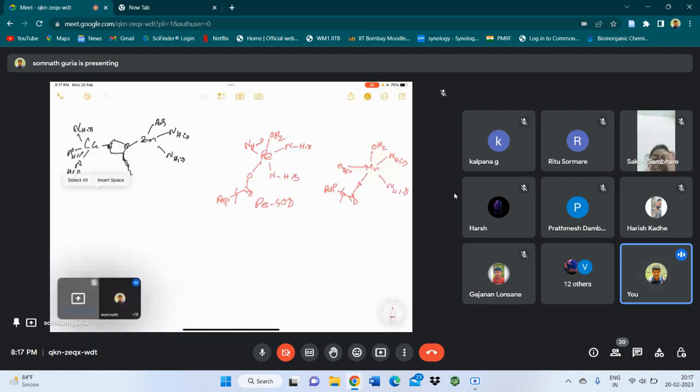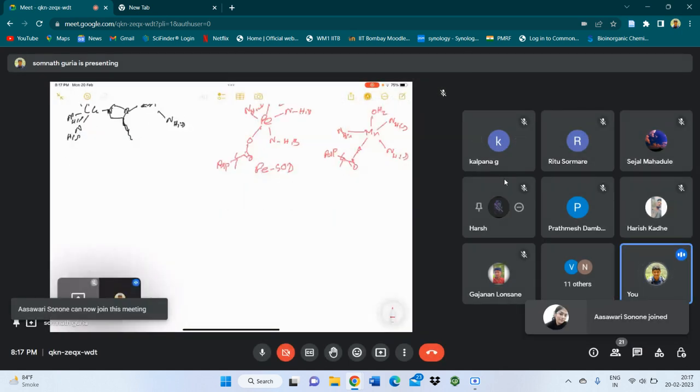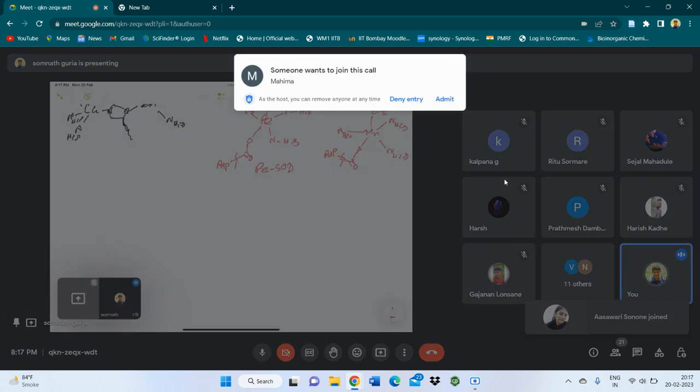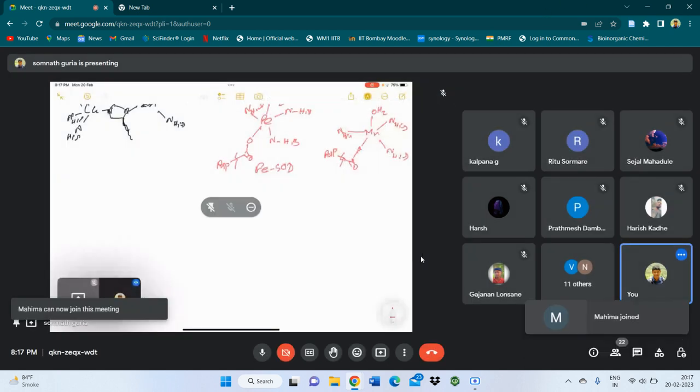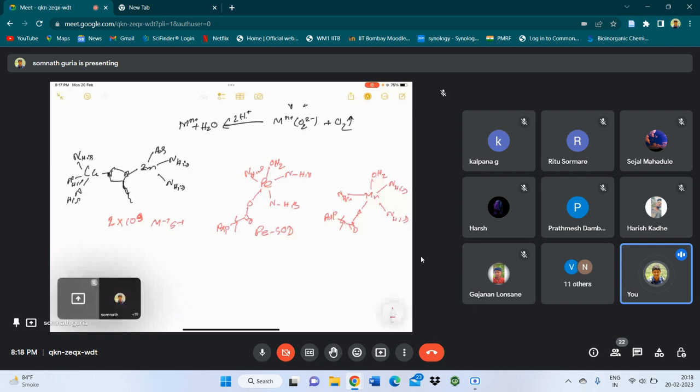The rate for the copper zinc superoxide dismutase is around 2 into 10 to the power 9 molar inverse second inverse, for the iron one it is around 3 into 10 to the power 8 molar inverse second inverse, and for the manganese one 5.6 into 10 to the power 7 molar inverse second inverse.